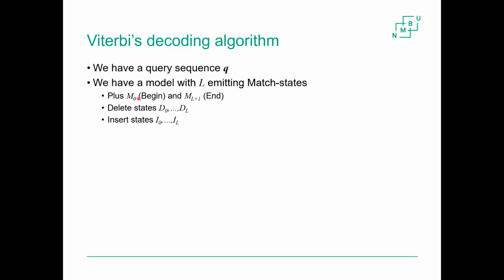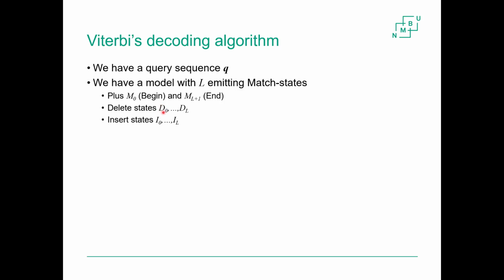We know that we always start in a begin state and always end in an end state, right? Begin and end state. So that's match state number 0 and match state number L plus 1, as we saw in the previous slides. We also have the delete states and the insert states. And notice there, we also assume we have the same number, right? L here, or actually L plus 1, because it starts at state number 0. I should mention this delete state 0 is really a strange one.